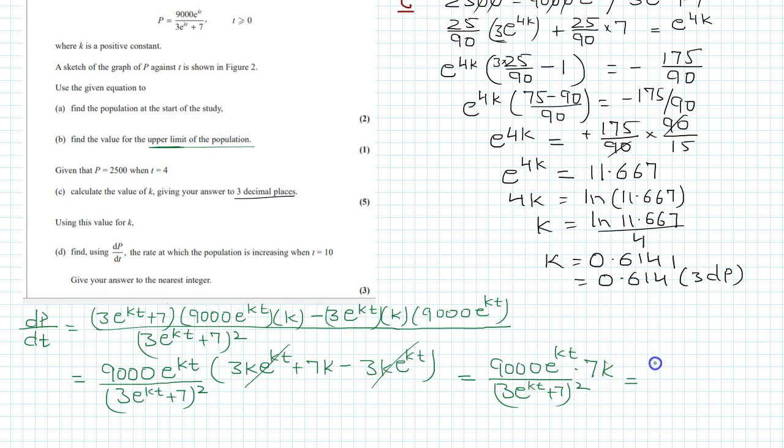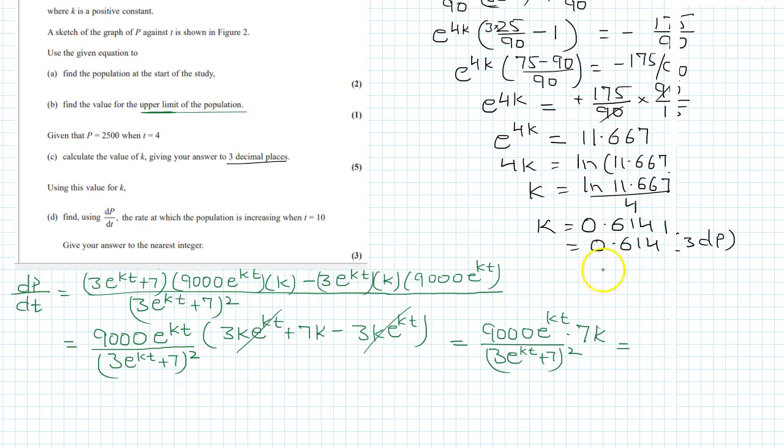Now we put the values. So we have 7 multiply this, that is 63,000. K is the value of k.